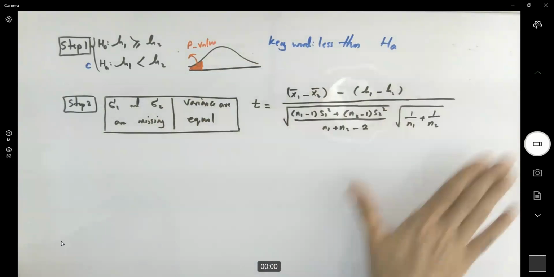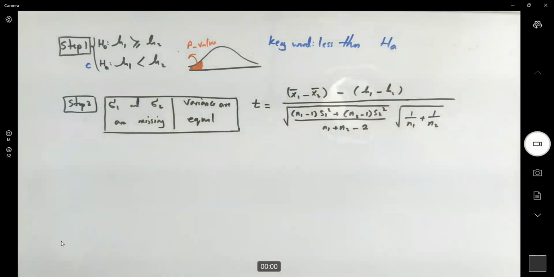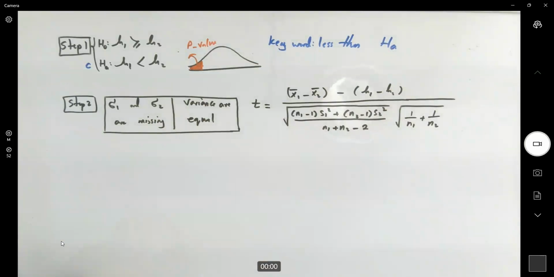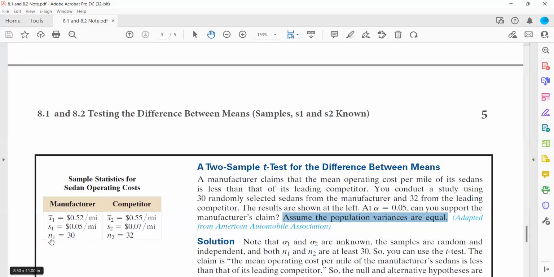This is the formula that we're going to use. What information do I need to plug in? Let's go back to the notes: x1 bar, s1, n1, x2 bar, s2, n2.